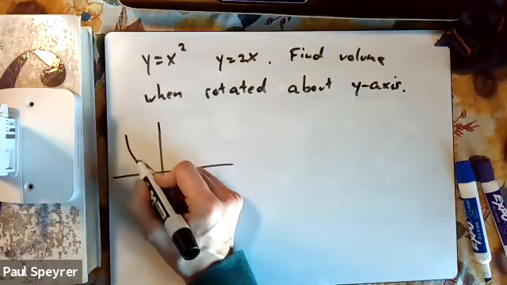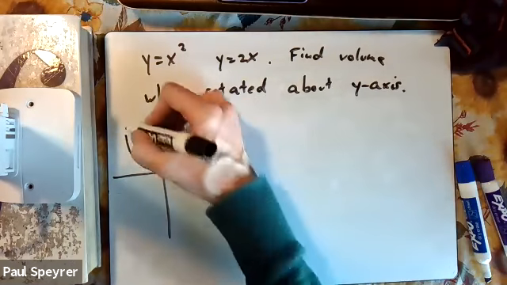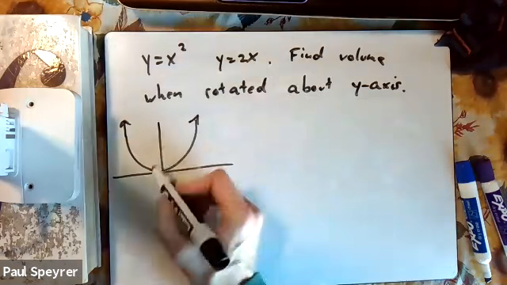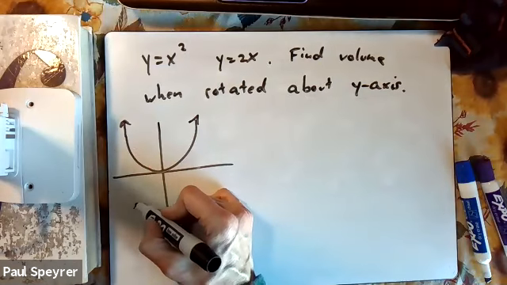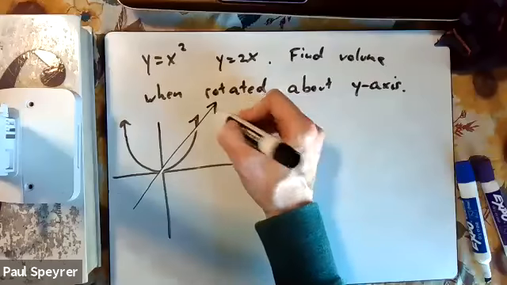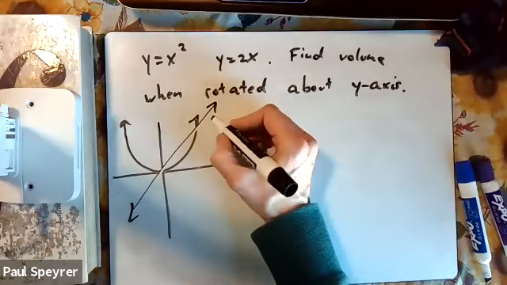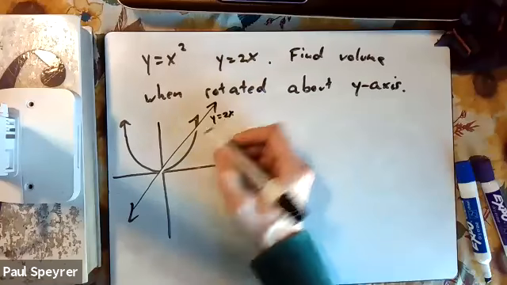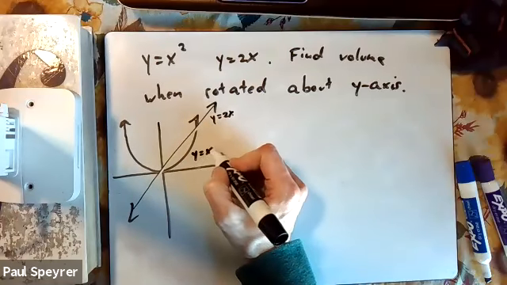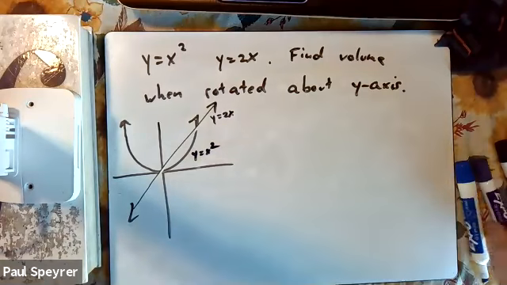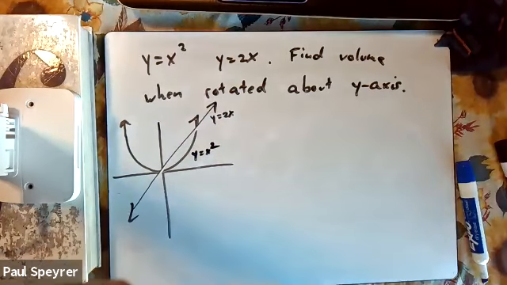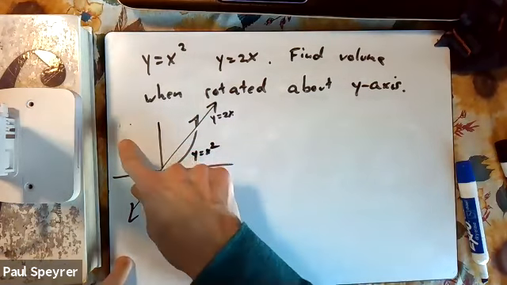So again, rough sketch is this. Y equals 2x is still a straight line. It's just rising a little faster. But it'll look something like that. And again, we're not focused on this stuff right here.